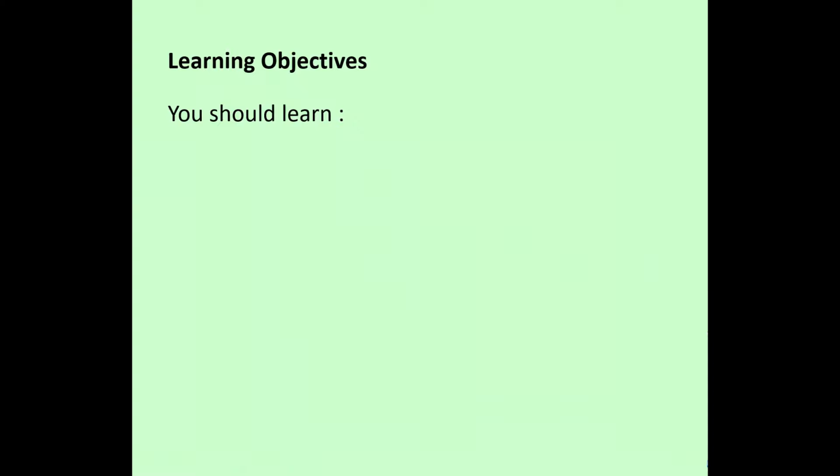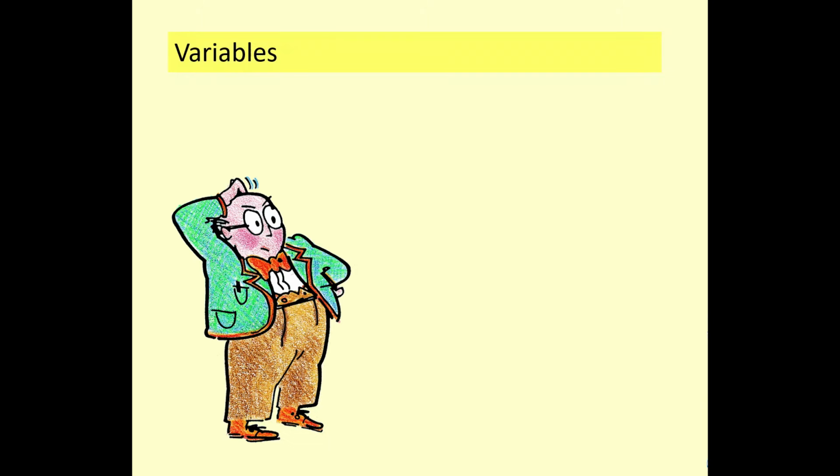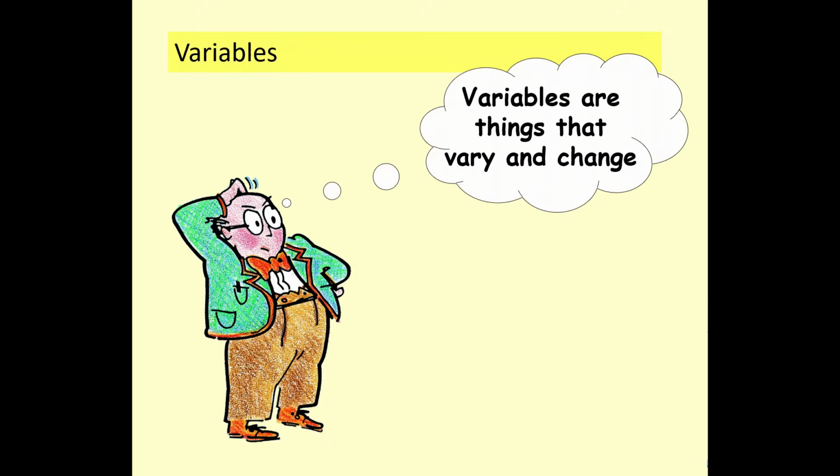In this class, we would learn different types of variables, how to identify them when we are conducting an experiment. What are variables? Anything you change during your investigation is known as variable.